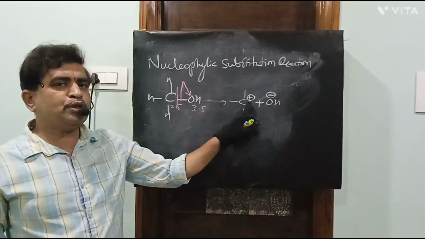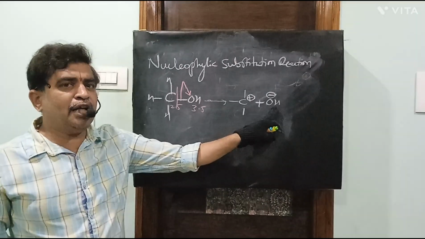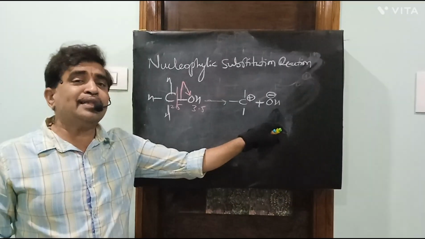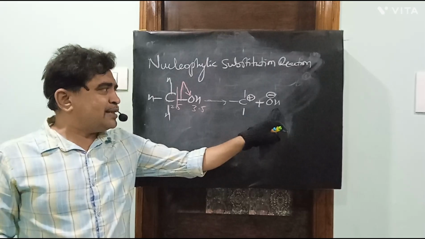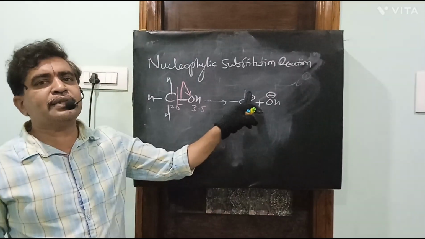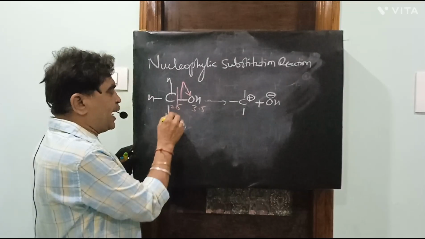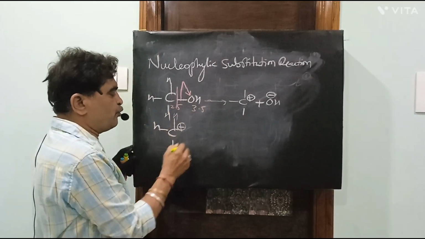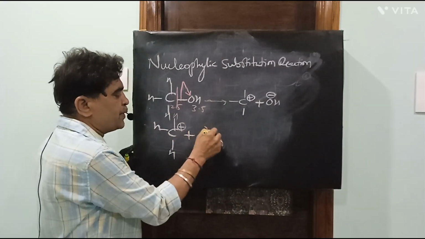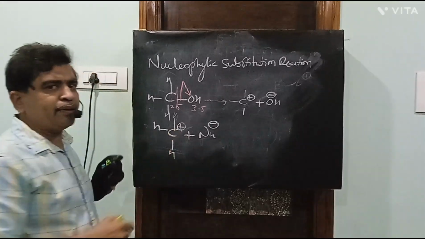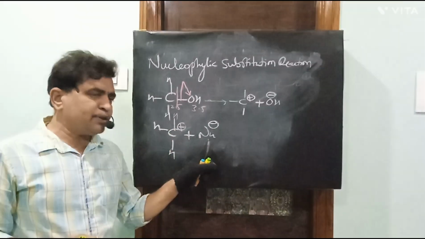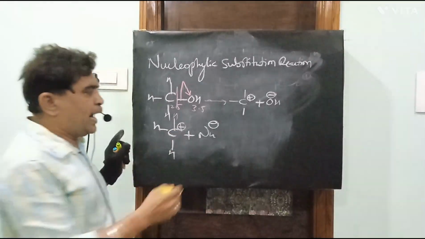So the carbon becomes positive and the OH minus ion is eliminated. One nucleophile is eliminated, and automatically the carbon gets a positive charge. The positively charged carbon can attract only a nucleophile. Why? Because the carbon is positively charged, it is attached only with a nucleophile. For example, take X as the nucleophile.